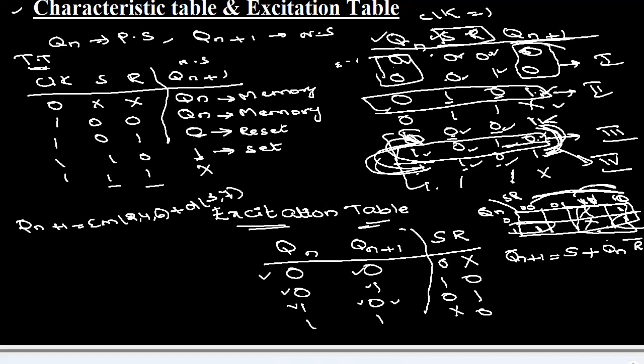So Qn plus 1 equals S plus Qn into R bar is the characteristic equation for the SR flip-flop.